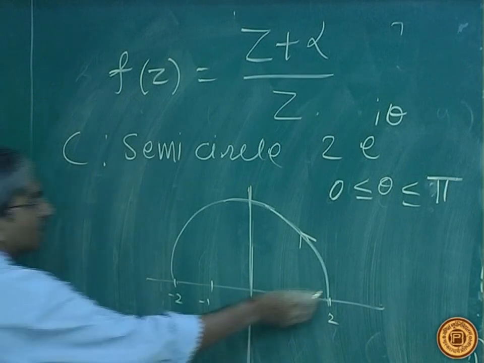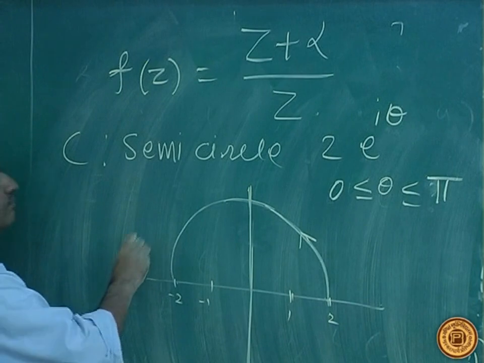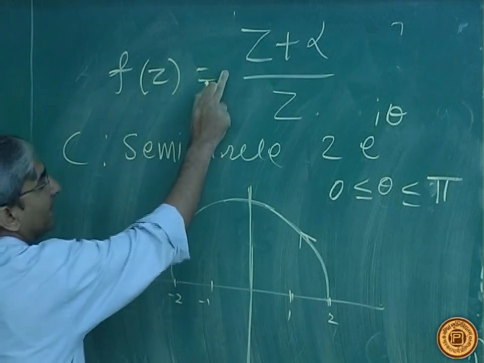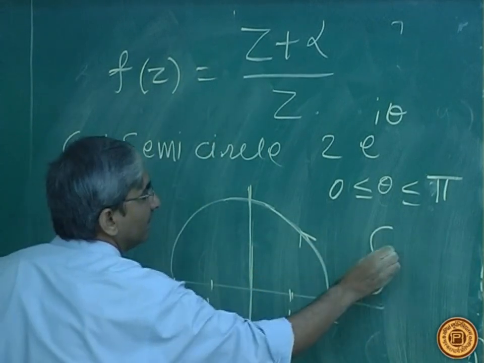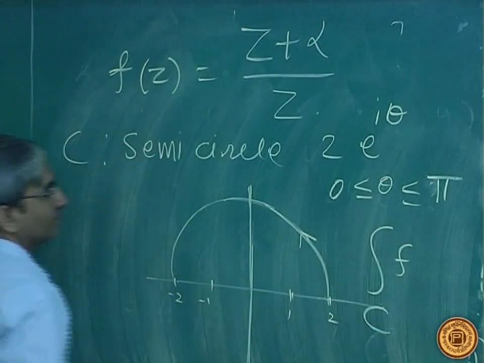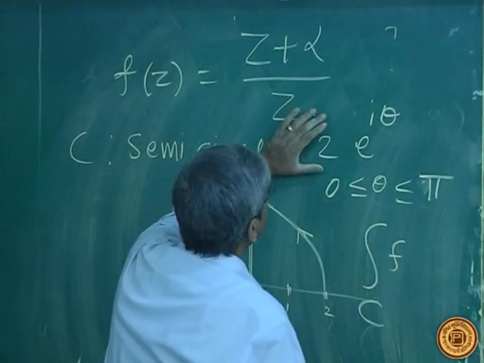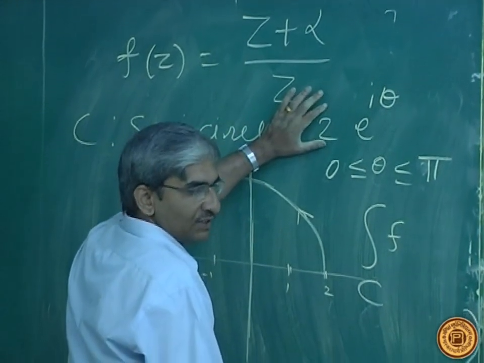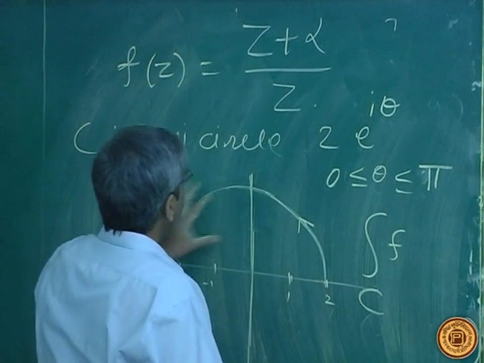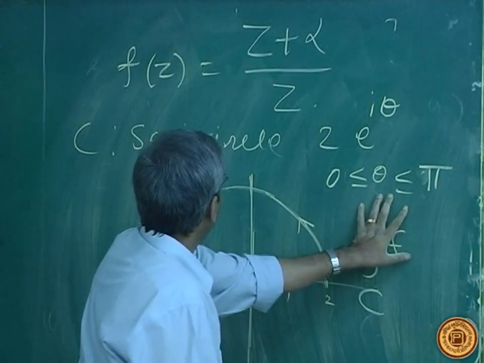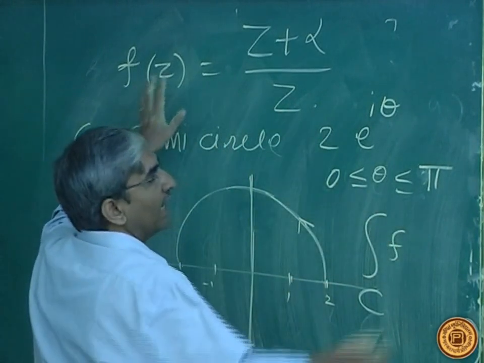So this semicircle is the contour on which we want to integrate, and this is the function to be integrated. So we want to find the integral of f over C. Now we have z of theta, the function which parameterizes this curve, the parameter interval, the function, and the definition of the integral.